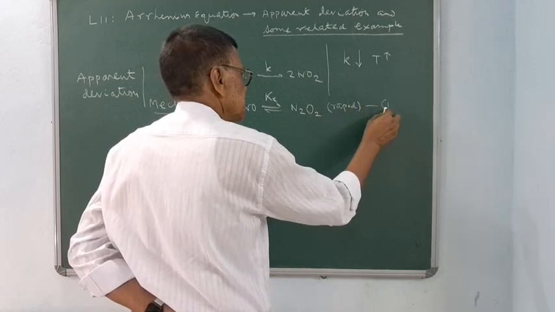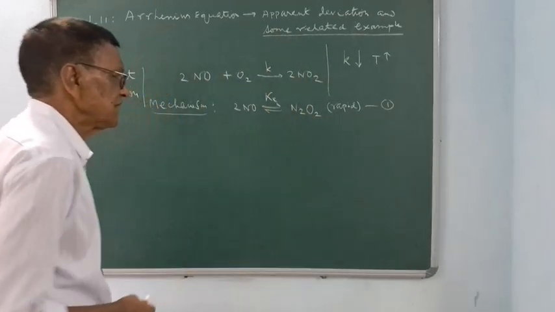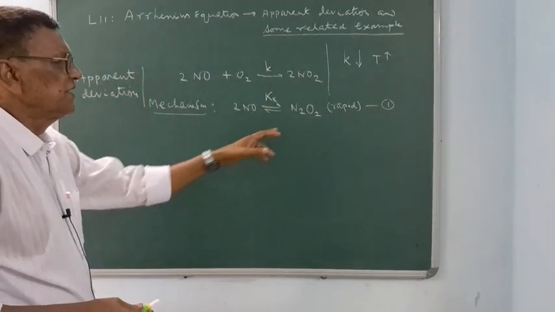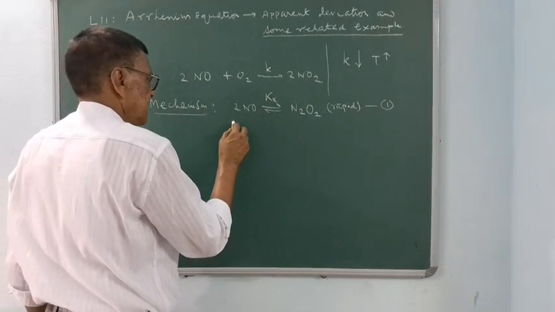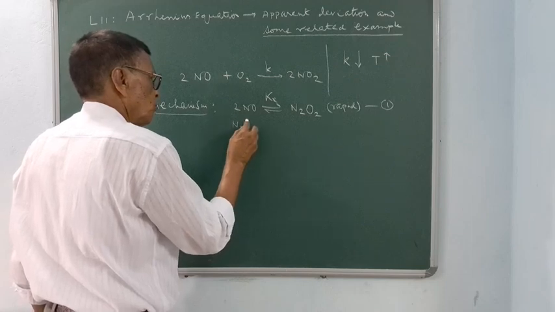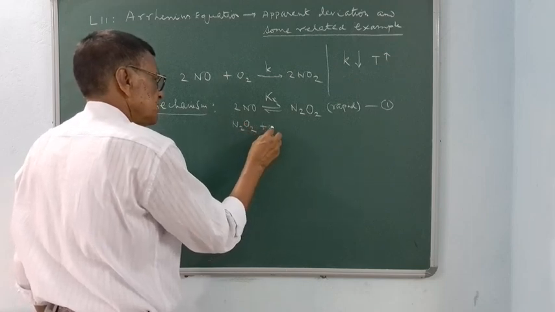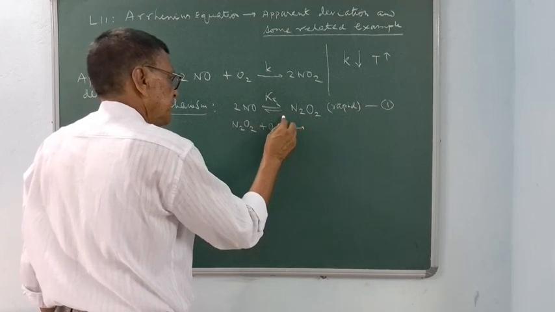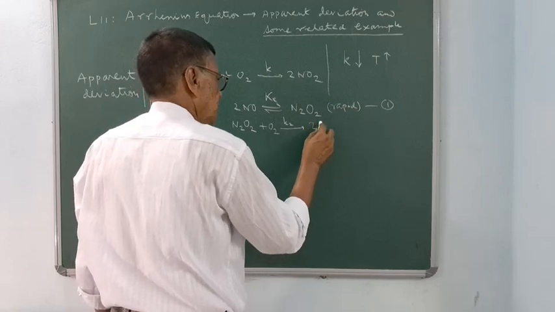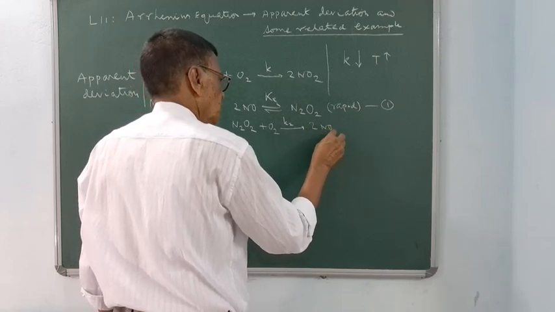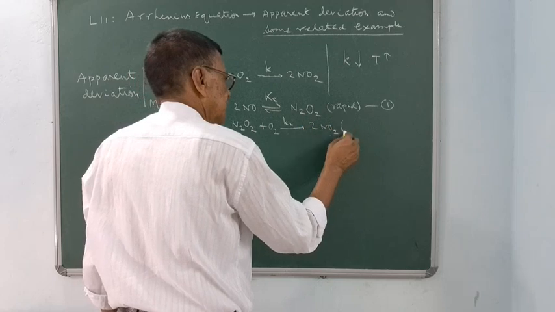This is equation number 1. So, this is the intermediate compound. Next step, N2O2 plus O2 with rate constant k2 gives 2NO2, and it is slow.